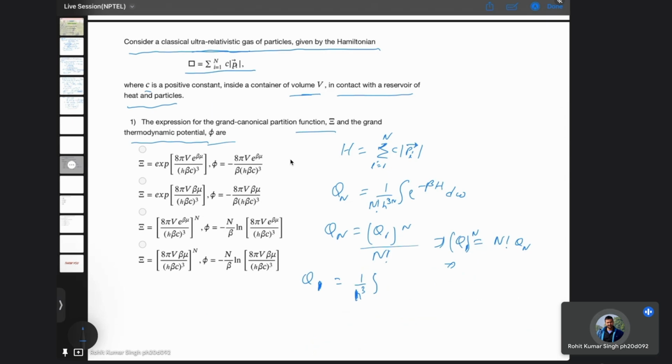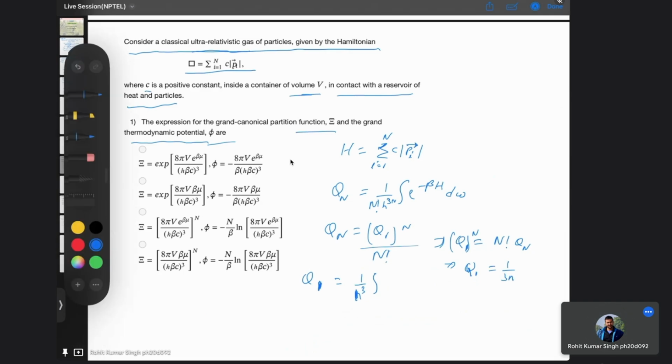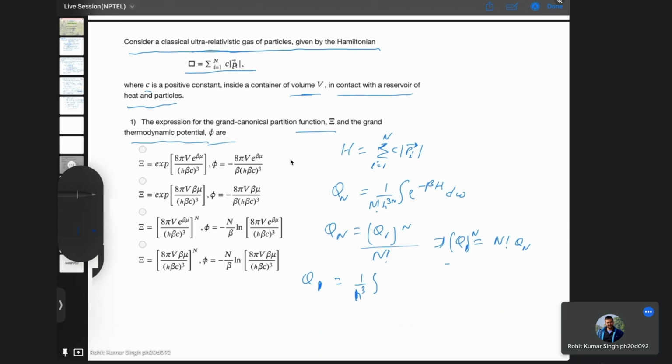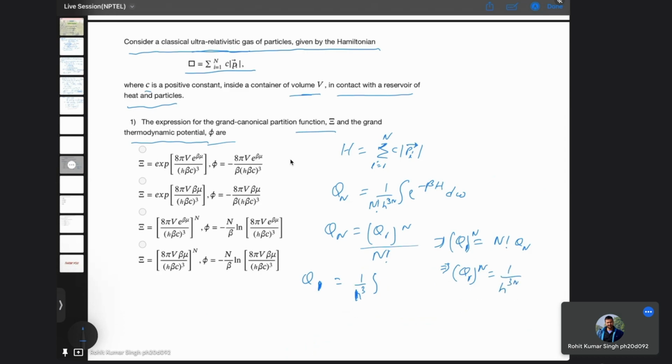And so Q1 will be equal to, so this n factorial cancels out with the n factorial in the denominator, and you get this, right?